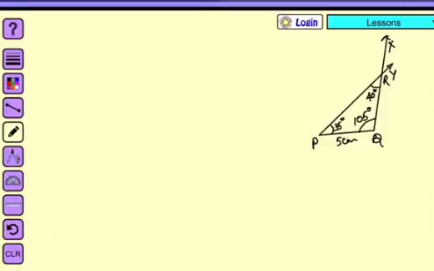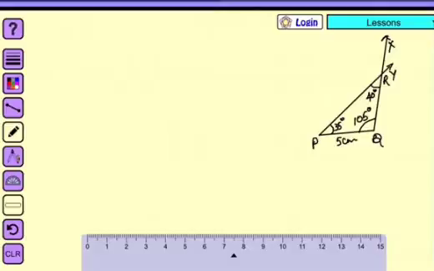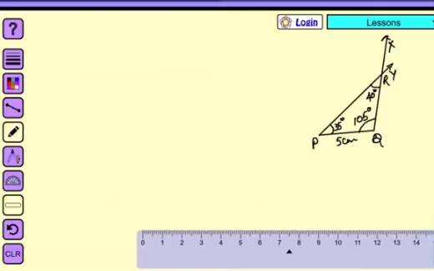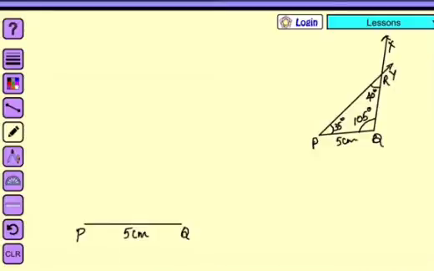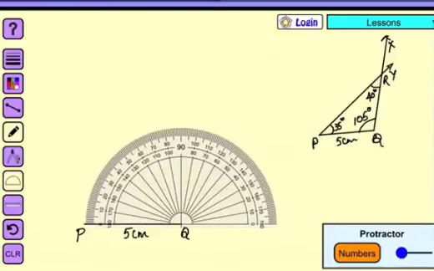To start, the first step would be to draw PQ equal to 5 centimeters in length. At Q, draw a ray QX making an angle of 105 degrees with QP. Keeping the center at Q, we will have to mark 105 degrees.